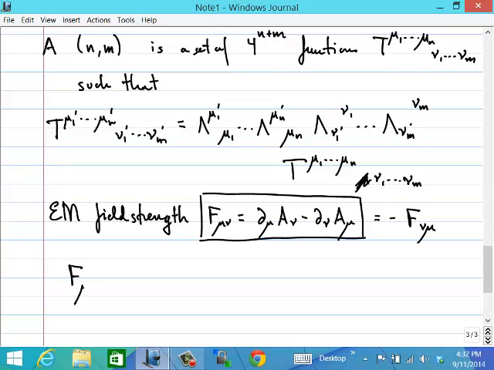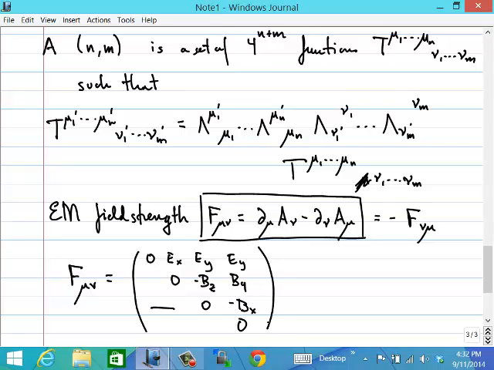And if you write it out explicitly, this is just the 4x4 matrix that packages together the electric and magnetic fields in a compact way. Here I've just drawn the upper diagonal elements.